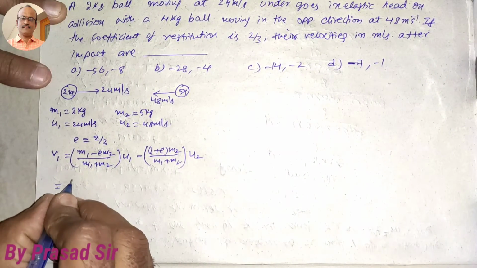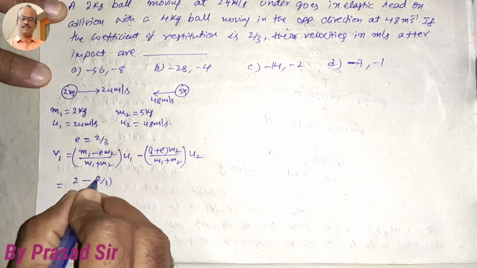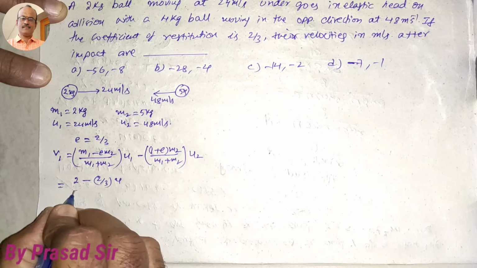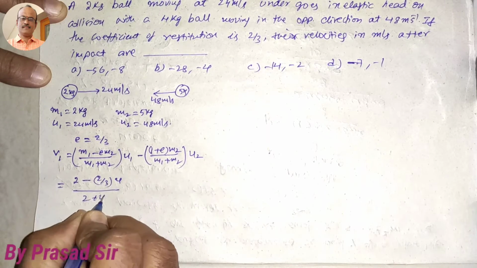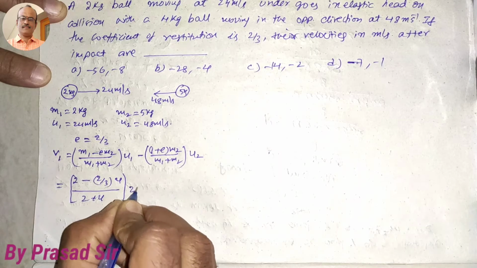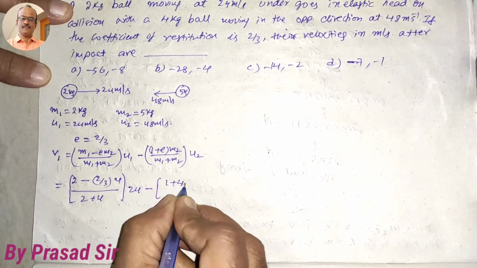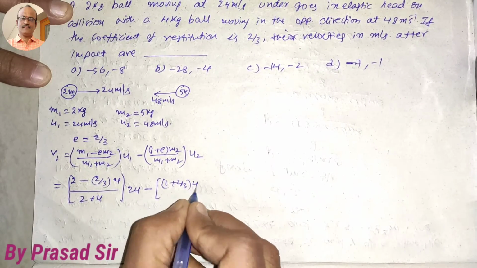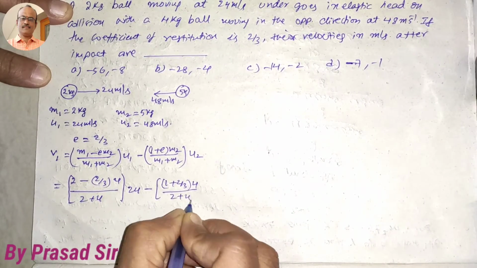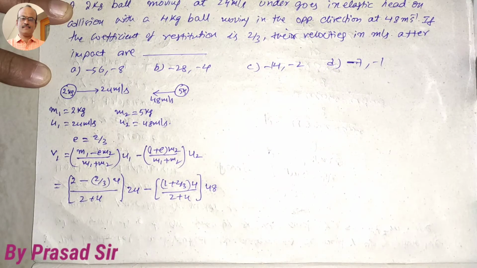Now substitute m1, we already know: 2 minus 2 by 3 into 4, divided by 2 plus 4, multiplied with initial velocity 24, minus 1 plus 2 by 3 into 4 divided by 2 plus 4, into 48.